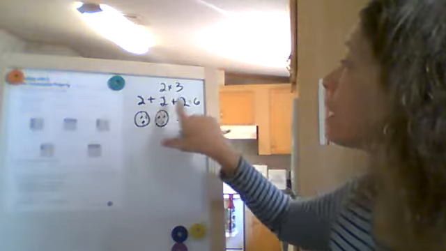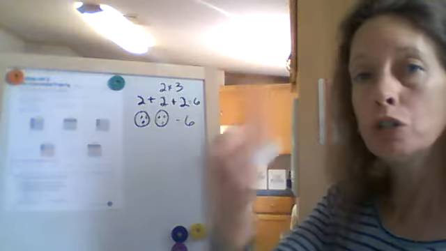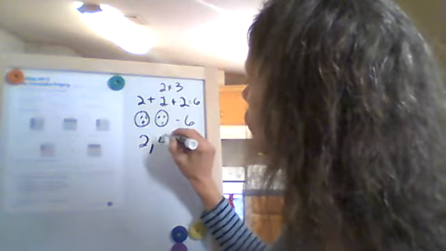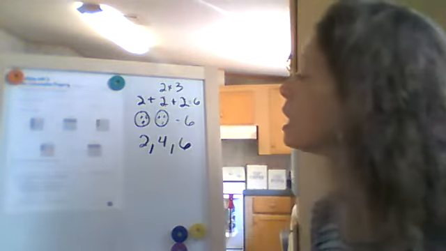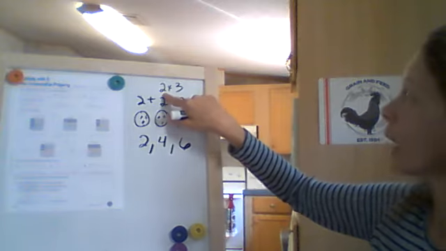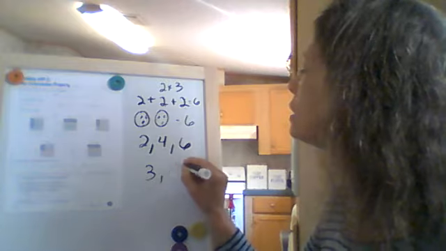If I skip count by 2, I have to say it 3 times: 2, 4, 6. But if I skip count by 3s, I only have to do it 2 times. So I can go 3, 6.